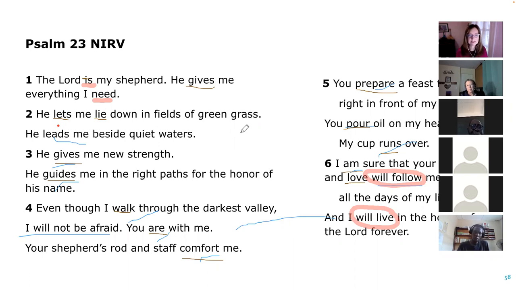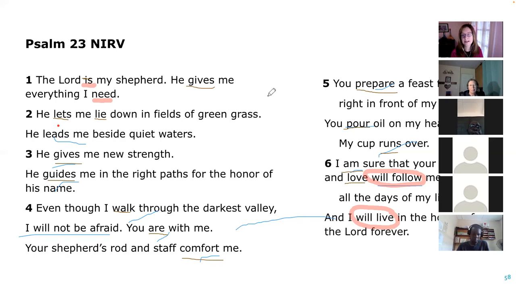So now that we've identified some of the verbs here, we notice some of the verbs end with an S and some of them do not end with an S. And so what do we see about the verbs that end with an S?